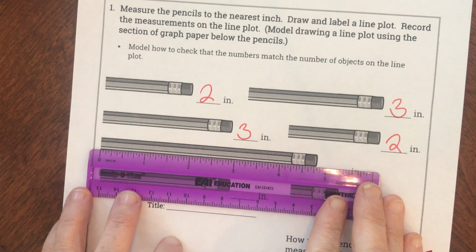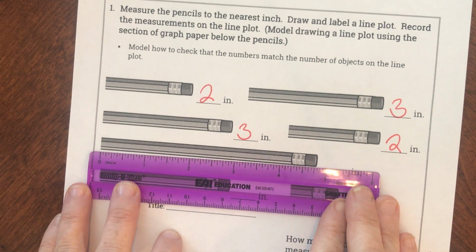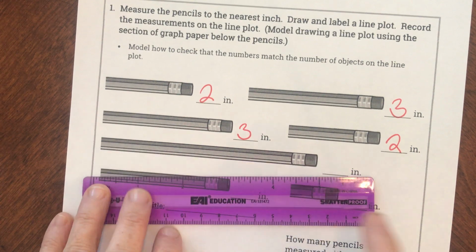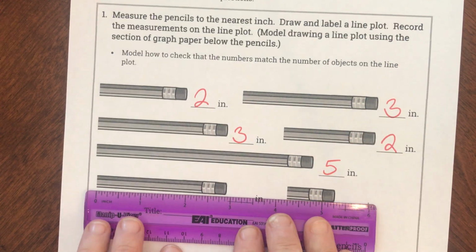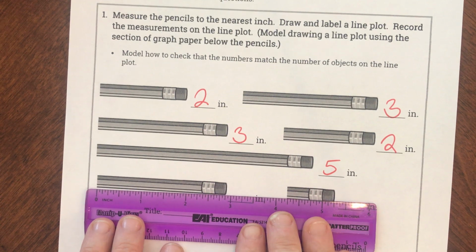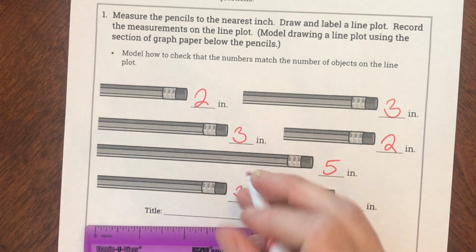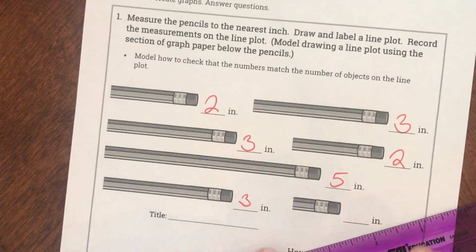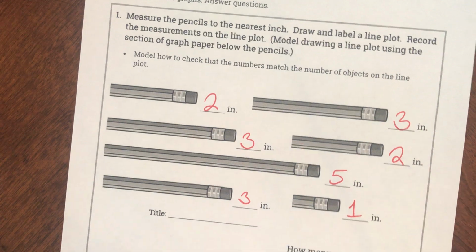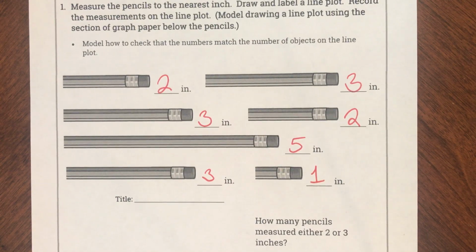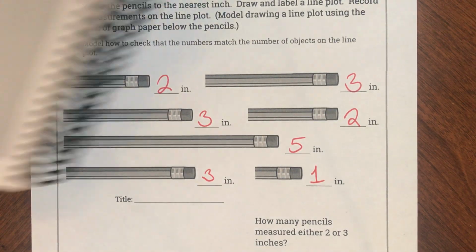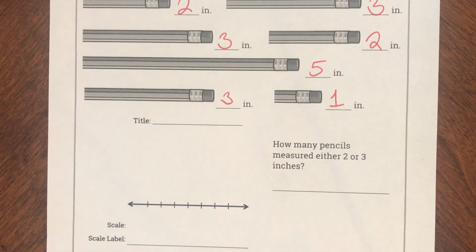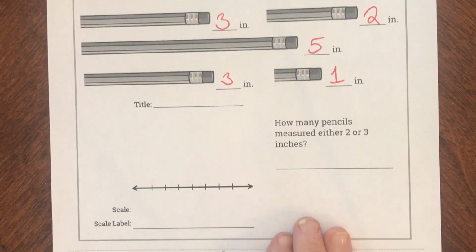This long pencil looks like it is more than 4, not at 5, but it's closer to the 5. This pencil looks like it's almost 3. And this little tiny pencil looks like it's almost exactly a 1. Okay, so now that I measured them, I can put my ruler aside. And what do I have here? Well, now I'm going to make or set up my line plot.